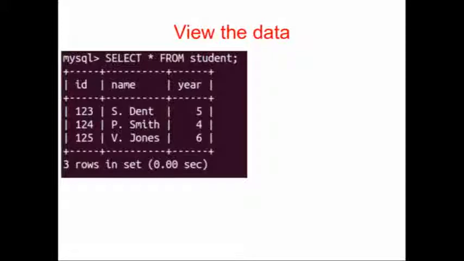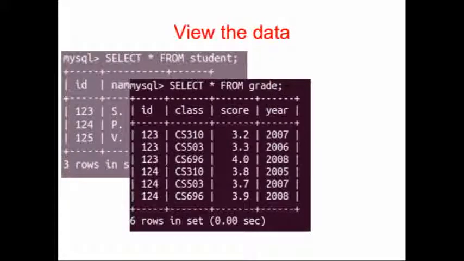We have a table called student. It has 3 columns: an ID, a name, and a year, and just 3 entries. Our second table is a grade table. It has an ID, a class, a score, and a year. The ID is the same ID as the student.